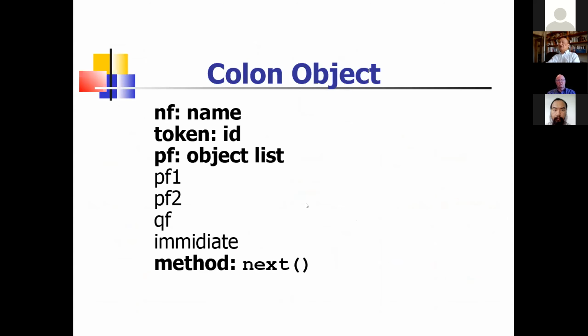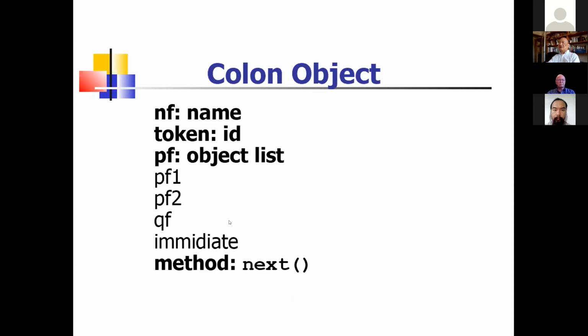The colon object has a name, has the sequential ID, and in the PF field it has an object list. It would use the next, no, that should be the nest method, to execute this linear list.